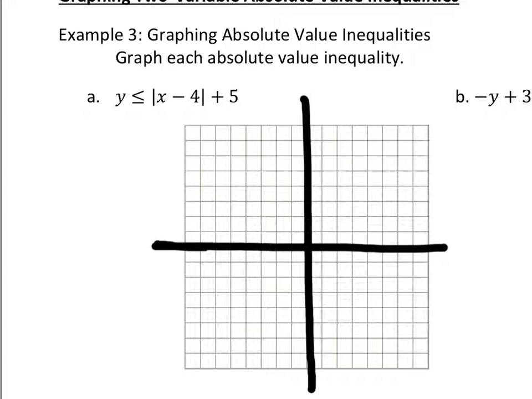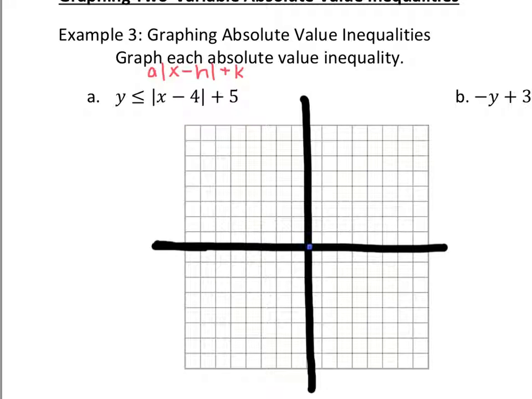Now, if you remember, the basic equation is A absolute value of x minus h plus k. Where do you want to start? It might help if we just graph the parent function. Just do it really lightly on your paper if you want to.